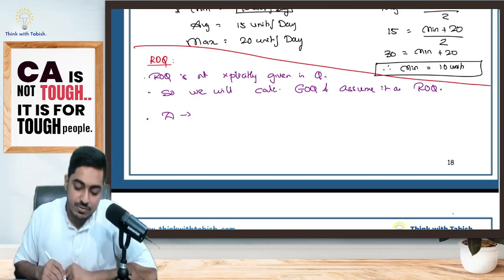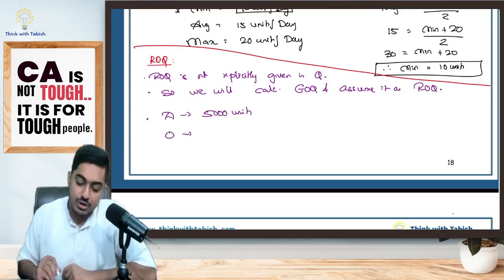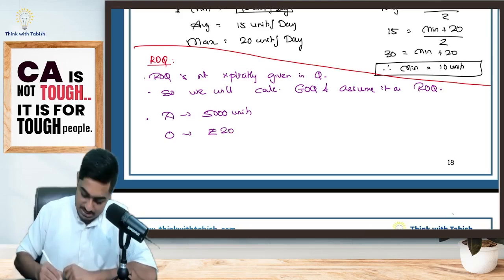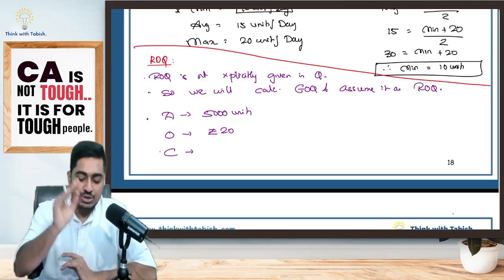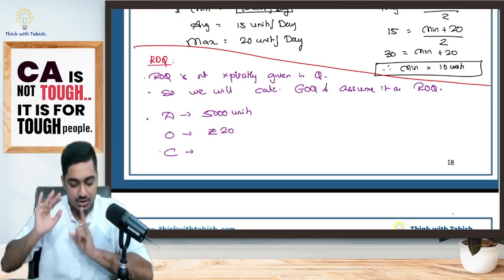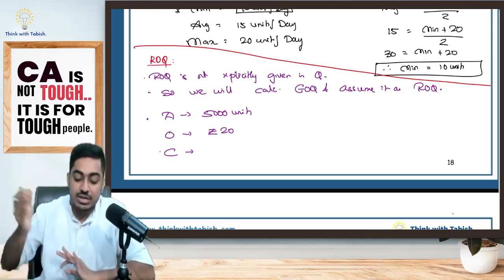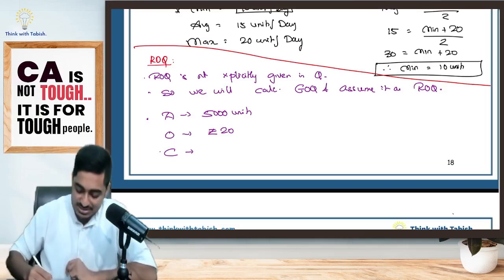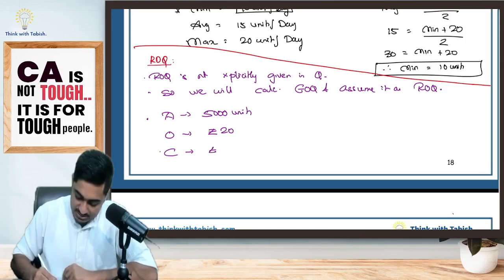A, annual demand of raw material: 5,000 units. O, ordering cost per order: it is given, 20 rupees. C, carrying cost per unit per annum. See the data: annual cost of storage per unit. That means storage, carrying cost. It is telling storage cost per unit, so it is per unit. In the starting, it is telling annual cost, so it is per annum. So it is carrying cost per unit per annum. How much is it? 5 rupees.